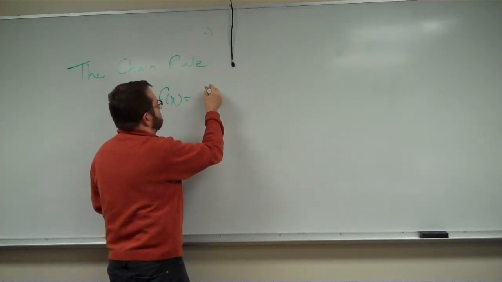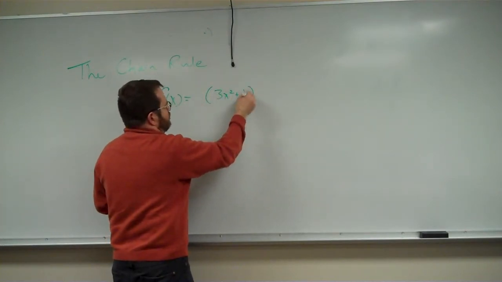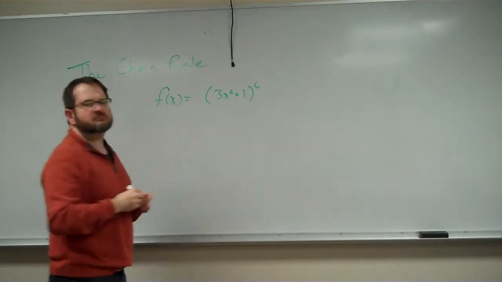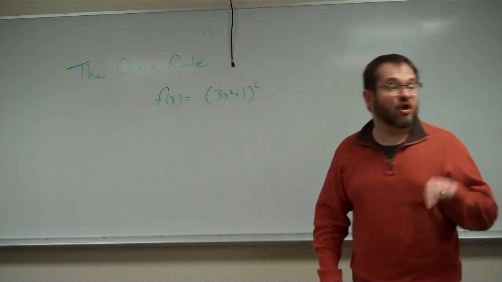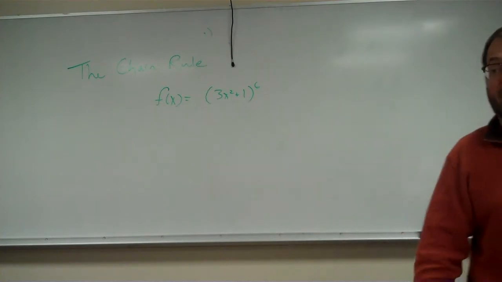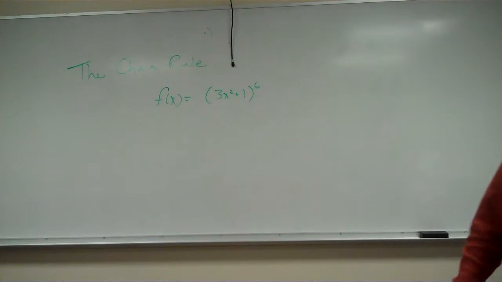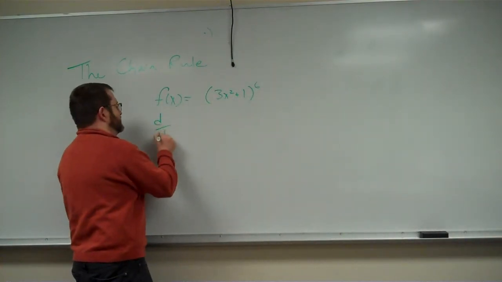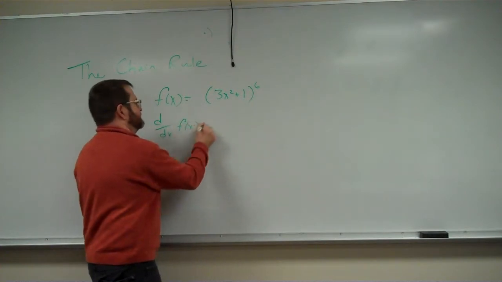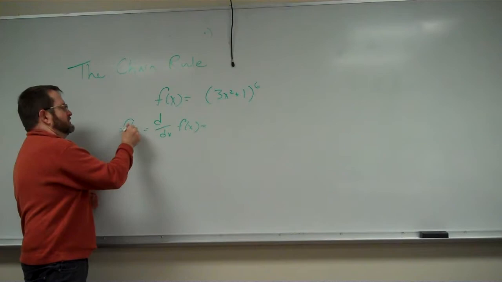How about (3x squared plus 1), the whole thing to the 6th power? The truth of the matter is this could be solved already using stuff you know how to do. It would just be horrible. So I want you to find the derivative with respect to x of f of x. That's the same thing as saying f prime of x here.